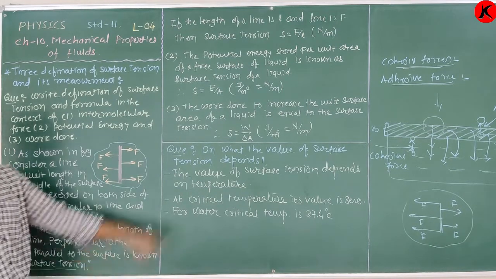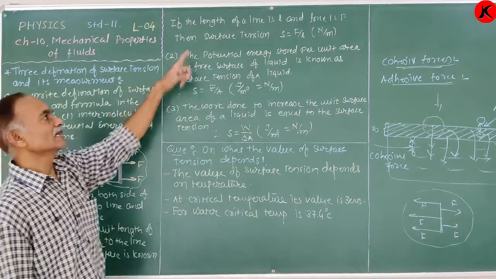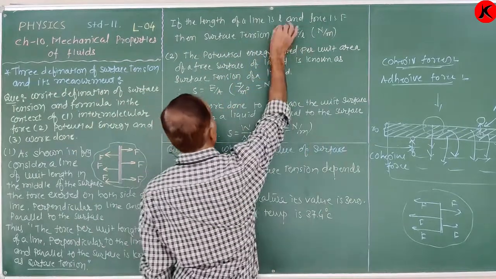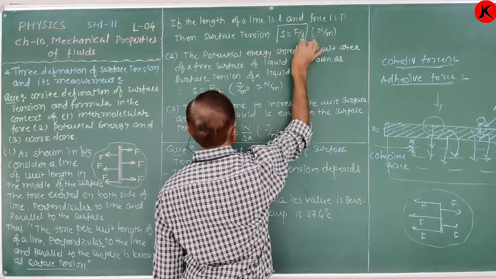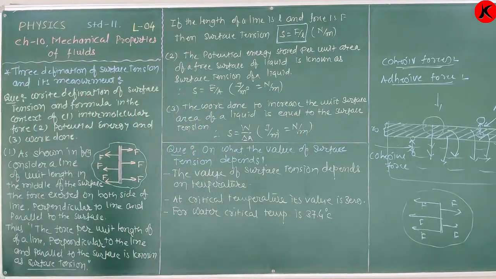Clear? Okay. If the length of a line is small l and the force is F, then the surface tension is defined as S is equal to F upon L.